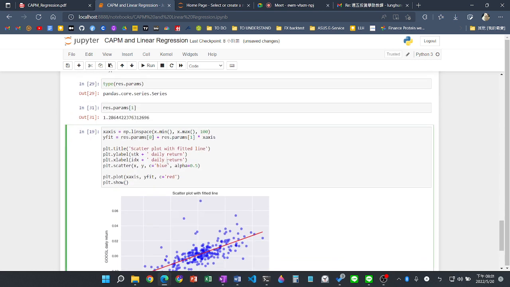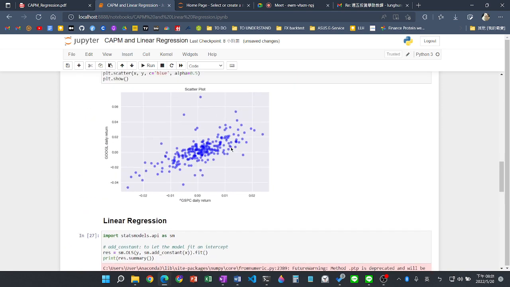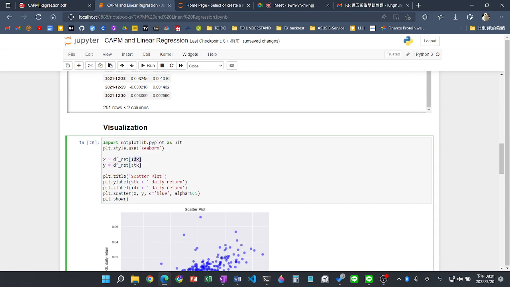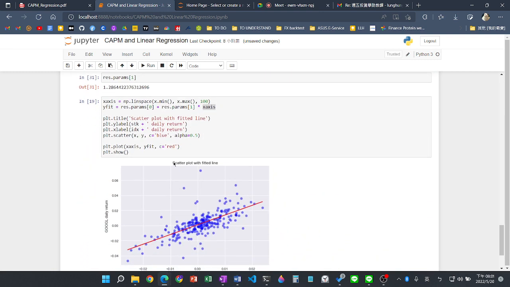The second data is of course just the 1.28 here. So we put it in as the intercept and the slope, and for the x-axis, what we want is just the data range of x, right? What is x? x is essentially just the return of the index. So x should not exceed the minimum of this series and the maximum of this series.